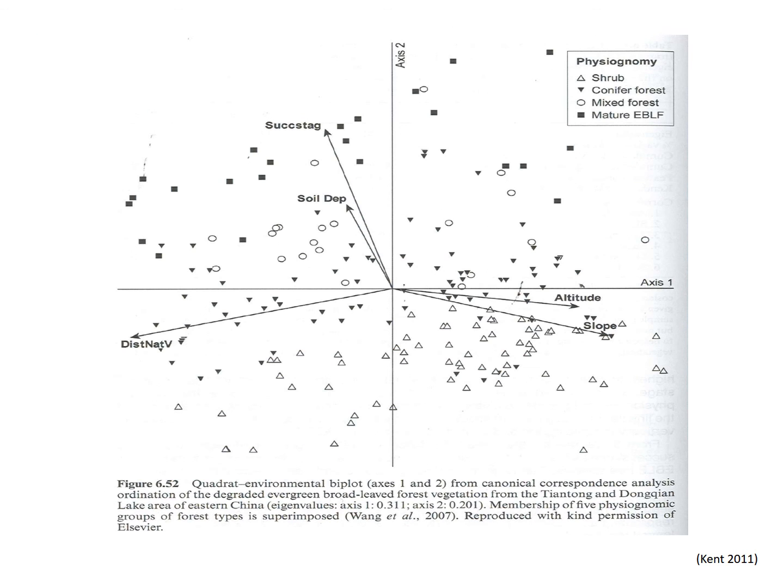So let's look at a far more complex example. This is data from China, where they're looking at 4 different successional stages: shrubs with open triangles, going into coniferous forest, mixed forest, and then mature evergreen broadleaf forest.